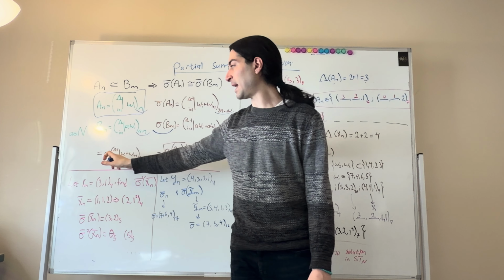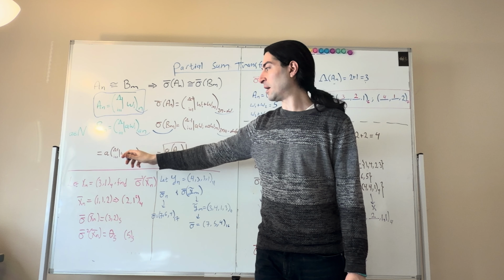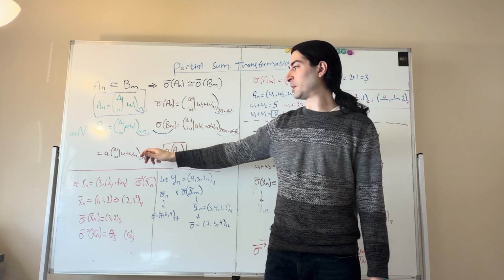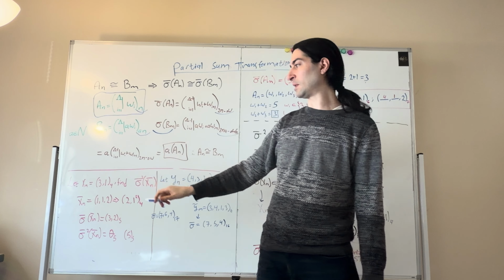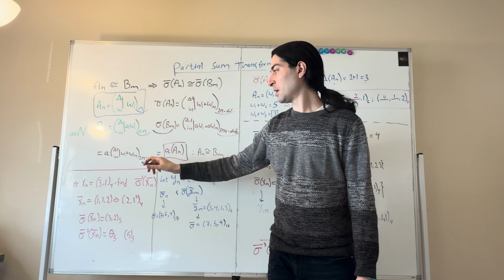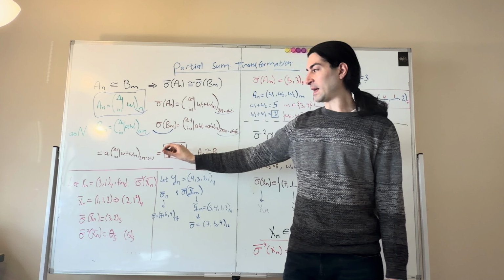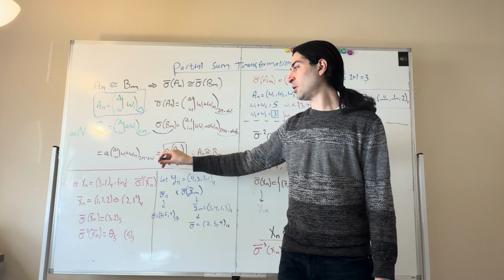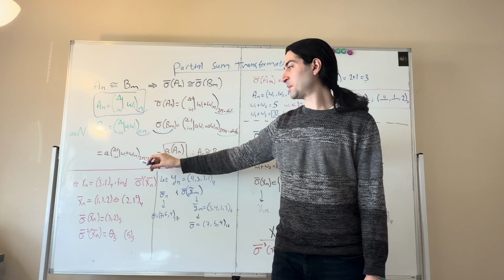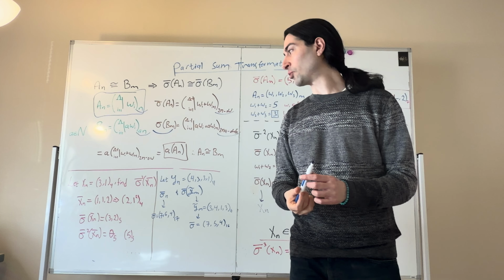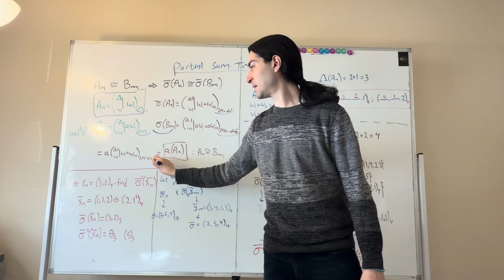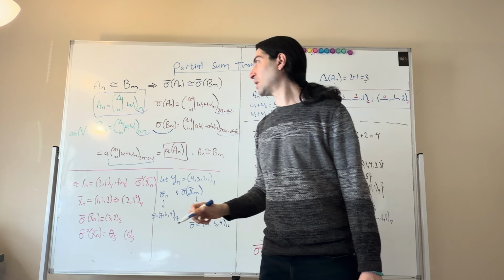So this becomes A times Wi plus Wi plus 1 from 1 to lambda minus 1, and then we also factor A out of the degree or the subscript here, and this becomes 2n minus the outer weight. And we notice that this is exactly equal to sigma bar of AN.